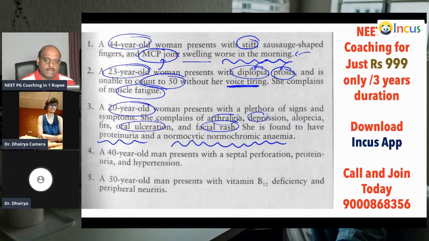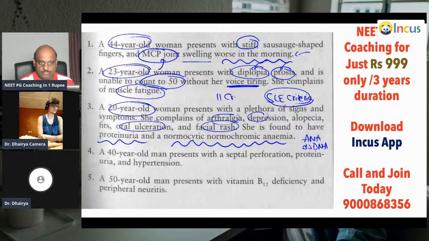This is definitely lupus. You have to look into the SLICC criteria, that is Systemic Lupus International Collaborating Clinics, which are now used in the diagnosis of lupus. There are 11 criteria, and the presence of any 4 out of those 11 is diagnostic. In this patient, we have arthralgia, depression, oral ulcerations, and facial rash.